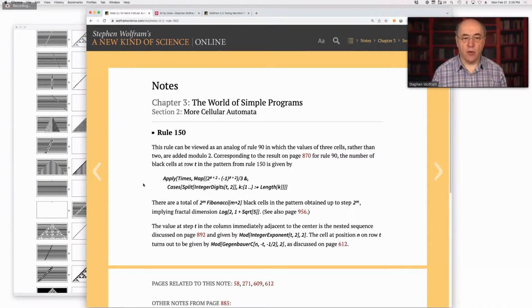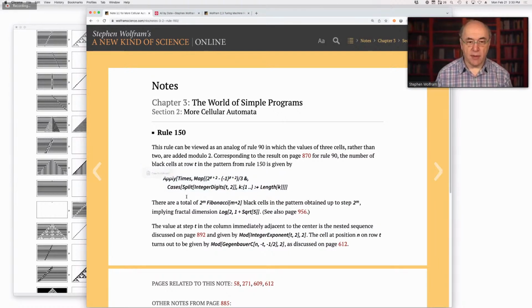Now, in the case of rule 150, there's a similar result, but instead of just counting the number of ones in the binary decomposition of the number t, it's doing a slightly more elaborate thing, looking at runs of ones and at the lengths of runs of ones.